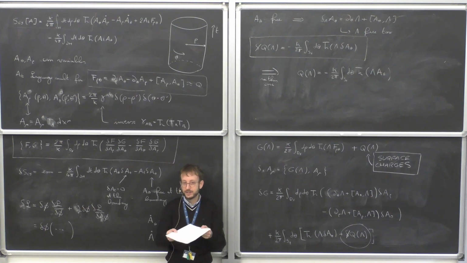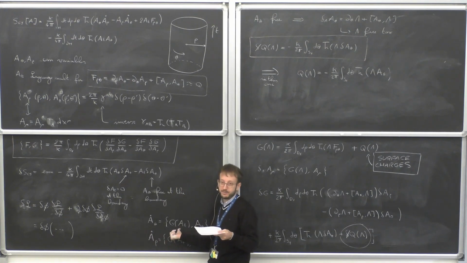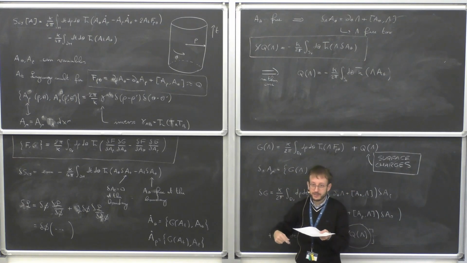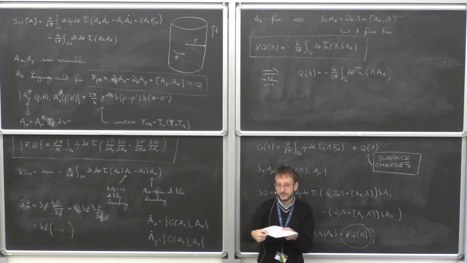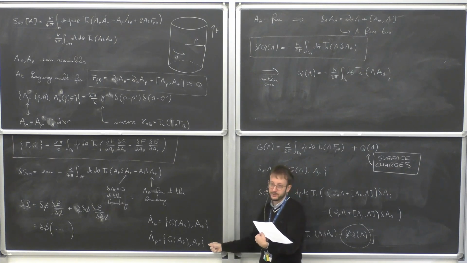But if I do a gauge transformation, I have to modify accordingly the Lagrange multiplier in such a way that this equation of motion is preserved. So the delta lambda A t is just the gauge transformation that I have to do. After I did the gauge transformation, I have to rotate accordingly also the Lagrange multiplier in order to preserve this transformation, in order to make them compatible with time evolution.